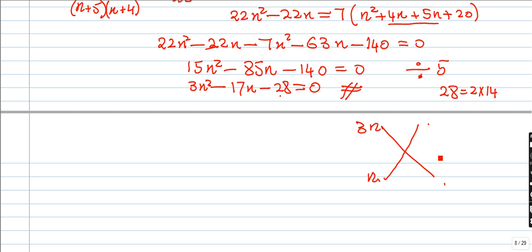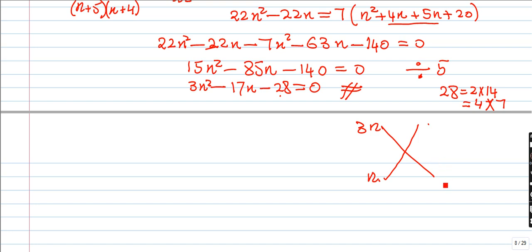If you put the 14 here and the 2 here, it's going to be 6 and 14, which are not going to add up to 17. So let us also try 4 times 7. If you put the 7 here and the 4 here, this is 12 and this is 7, they don't add up to 17.